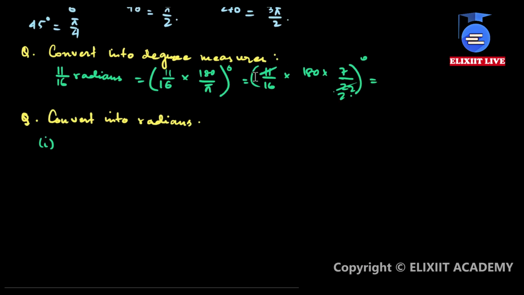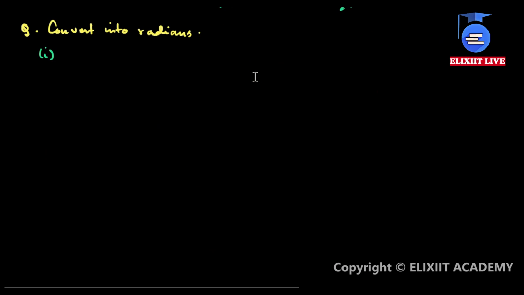The question can be in a different manner. Suppose I ask you to convert into radians, as a basic example, 20 degrees and 30 minutes. Now see, 20 degrees and 30 minutes are given.